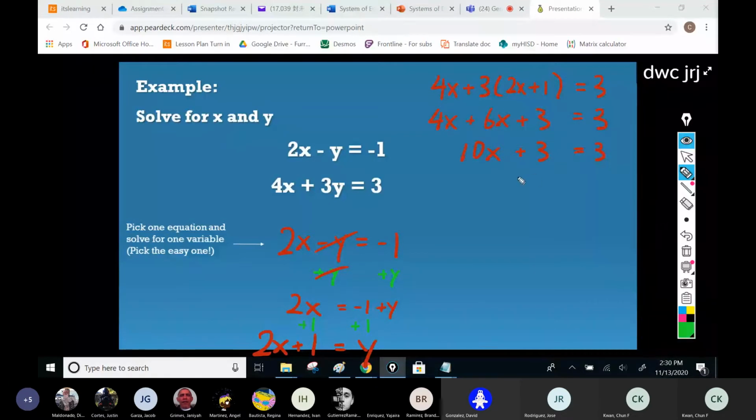So that means I have to do a minus 3. So 10x equals 0. And then the last step, I have to undo the times 10. So divided by 10, divided by 10. So x equals 0.